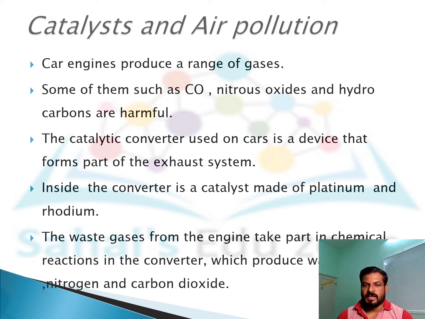This catalytic converter converts harmful gases to harmless ones. Inside the converter is a catalyst made of platinum and rhodium. The waste gases from the engine take part in a chemical reaction in the converter, which converts harmful gases to harmless ones.